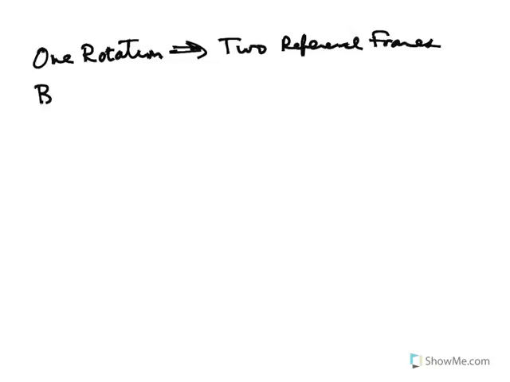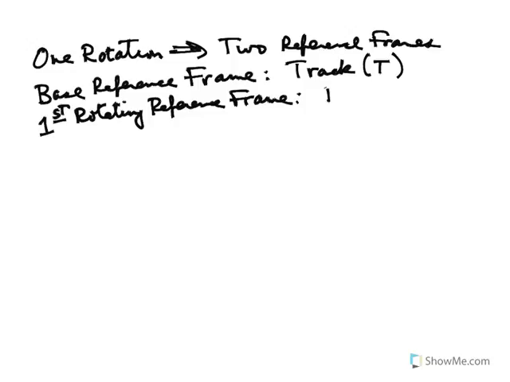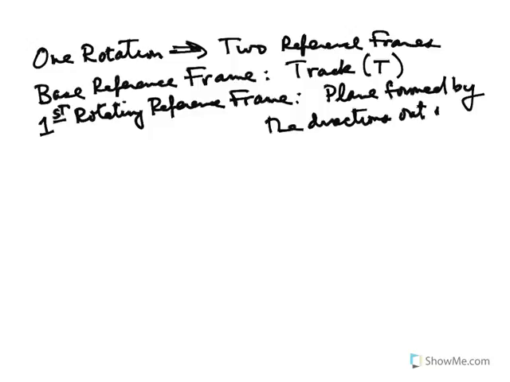The base reference frame is the track, which I denoted already as T. The first rotating frame is, now I'm going to define it and then we'll explain how it works, the plane formed by the direction out of the page and OP.